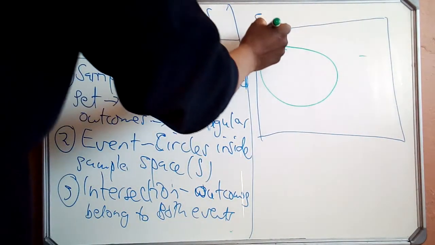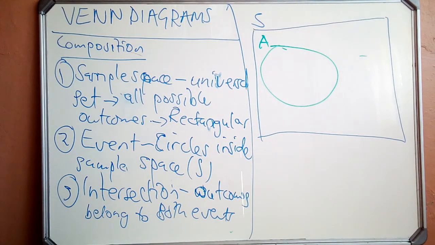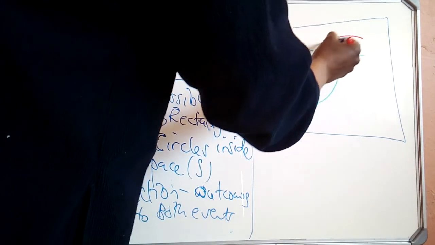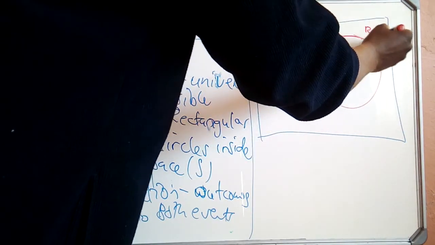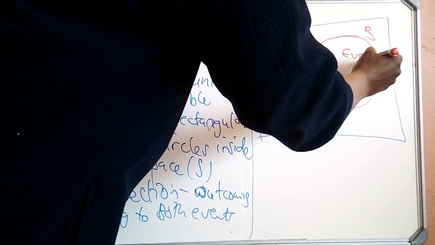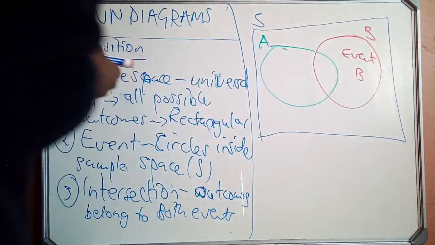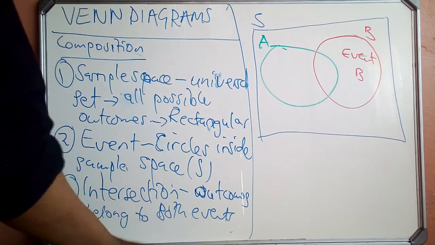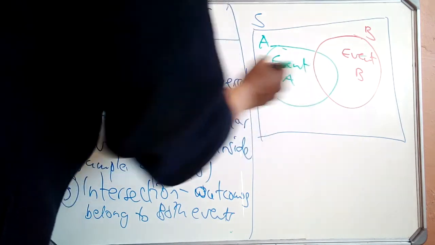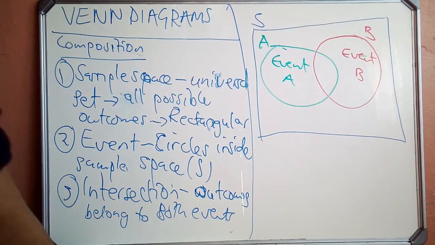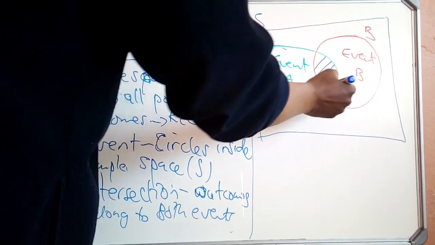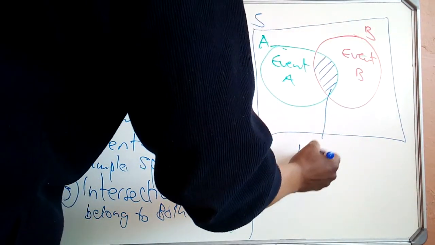This is event A, and this is event B. And here, this shaded part is our intersection.